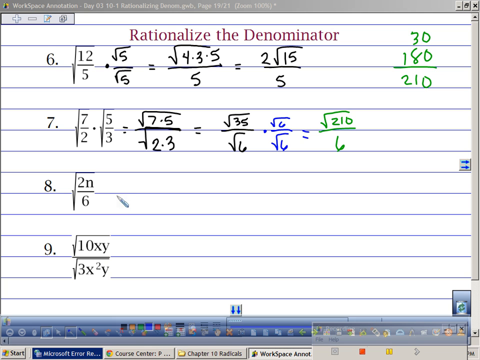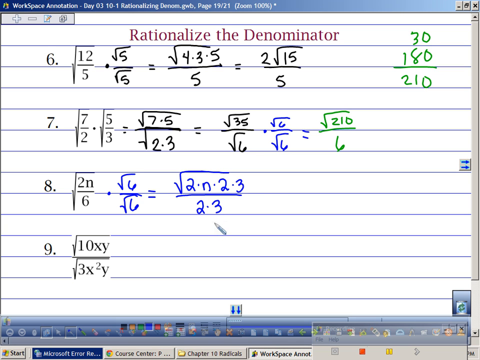What am I going to do with this? Good job. Multiply it by root 6. What do I get? Let's see, let's combine everything in the numerator. I've got a 2 times n times 2 times 3. And in the denominator, I'm going to write it like this. Why?